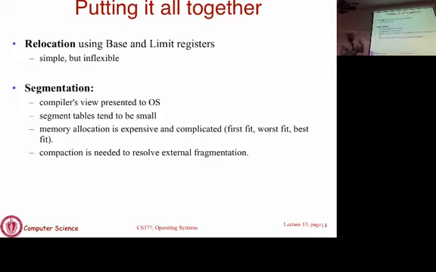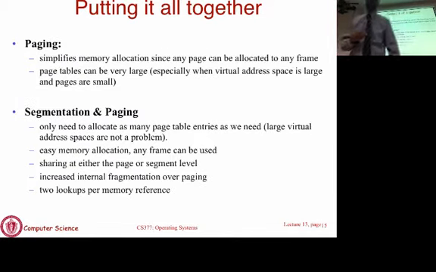Okay? So we have not gotten rid of external fragmentation, but we are now able to allocate each segment to an independent location. Each segment has to be contiguous, but 2 segments can be in 2 different regions of memory, but you still have external fragmentation. This allows you to handle the compiler's view of the process. Okay? Paging is the OS's view of the process, which basically says to get rid of external fragmentation, you cannot do variable size allocation of RAM. You have to do fixed size allocation.